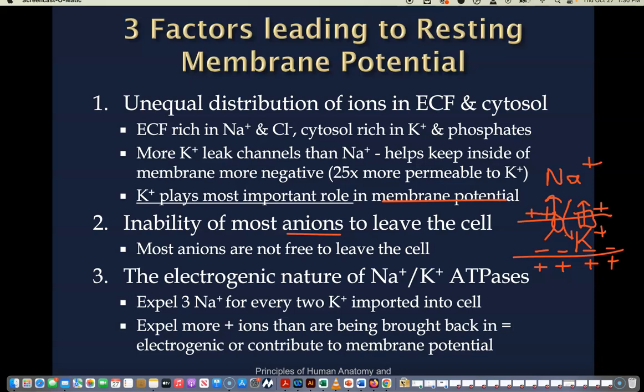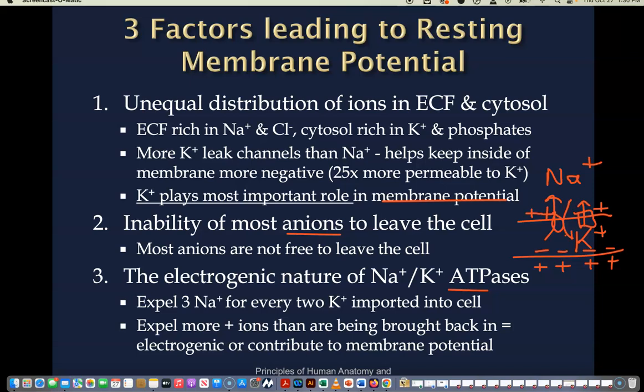And then the third one is the sodium-potassium ATP pump. Remember, this does require ATP because we're pumping against a concentration gradient. We're pumping sodium out, even though we're building up sodium outside the cell, and pumping potassium back in, even though it wants to leak down. Even though we have these potassium leakage channels, we're still pumping in more potassium than is leaking out.